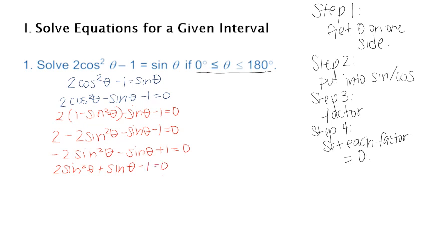Okay, so now we have essentially a quadratic. And just like we did in class in 13.2, it might be helpful for you to think of this as 2x squared plus x minus 1 equals 0. Notice that I'm just putting x in place of sine before I factor.